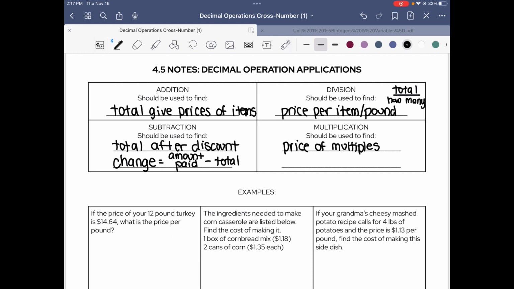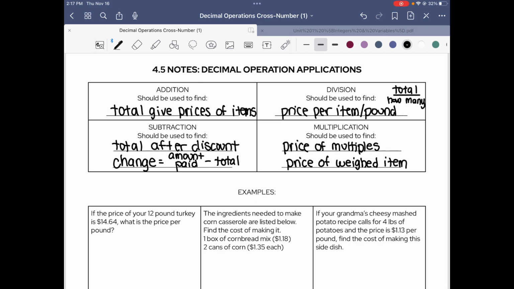And the other time that you would use multiplication is you would find the price of a weighed item. So when you go to the store, some items are priced per pound. So if you want to buy 2 pounds of apples for $1.25 per pound, you would have to do 2 times $1.25 to find the total. And I'll show you examples of each of these down below.